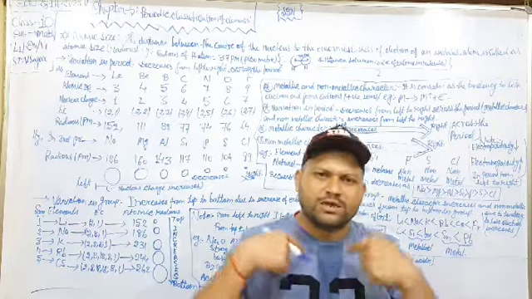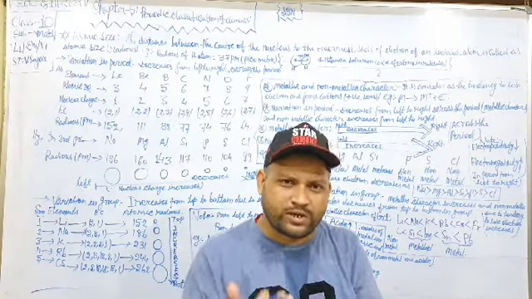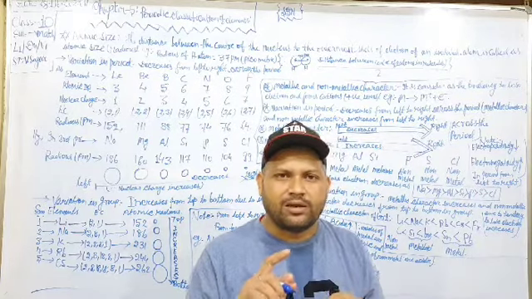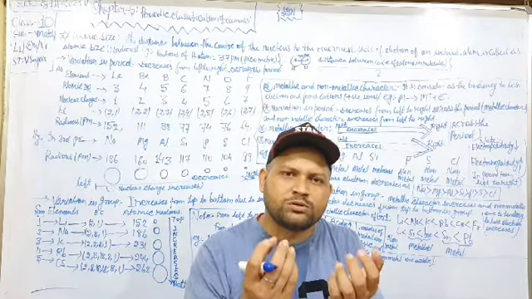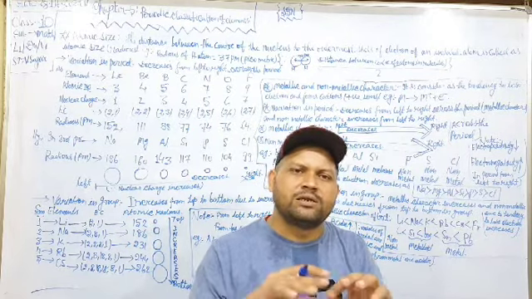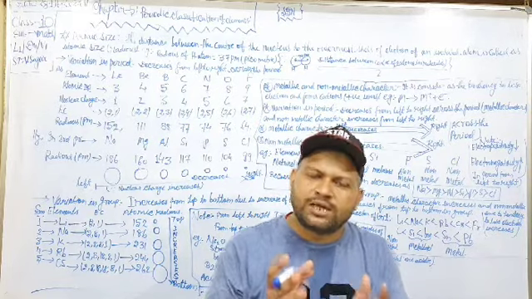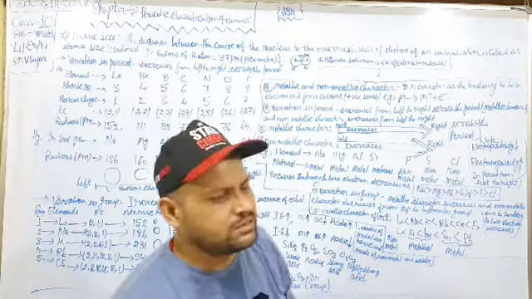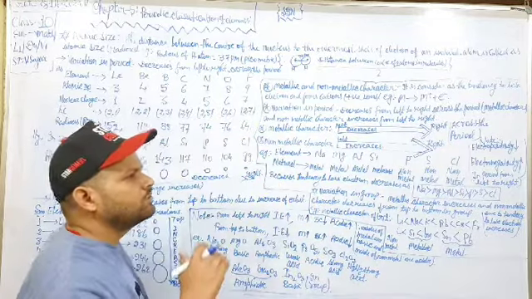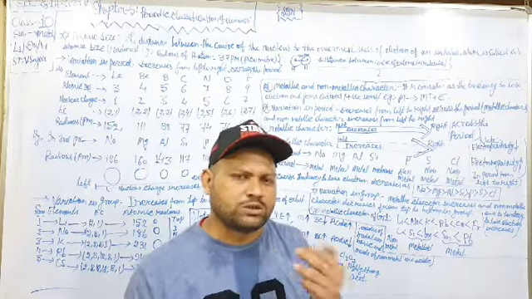Since nuclear charge increases, it applies more force to attract the electrons, and with the attraction, electrons move towards the nucleus and reduce the size of the orbit. That is why we can say that the size of an atom decreases while moving from left to right across the period.